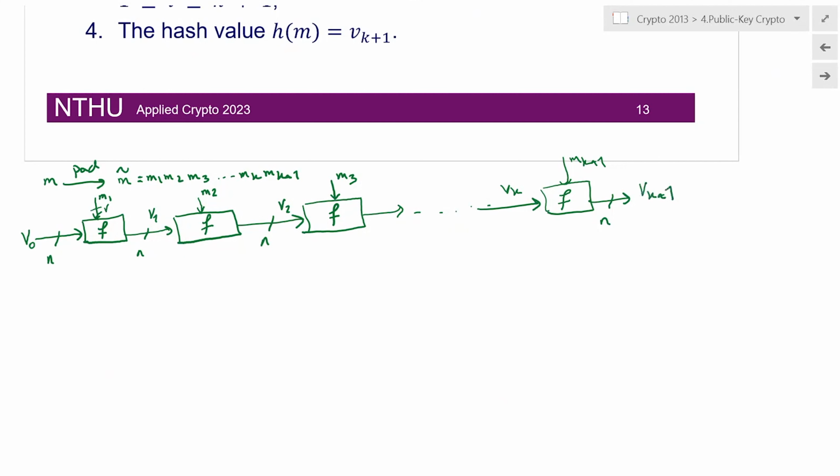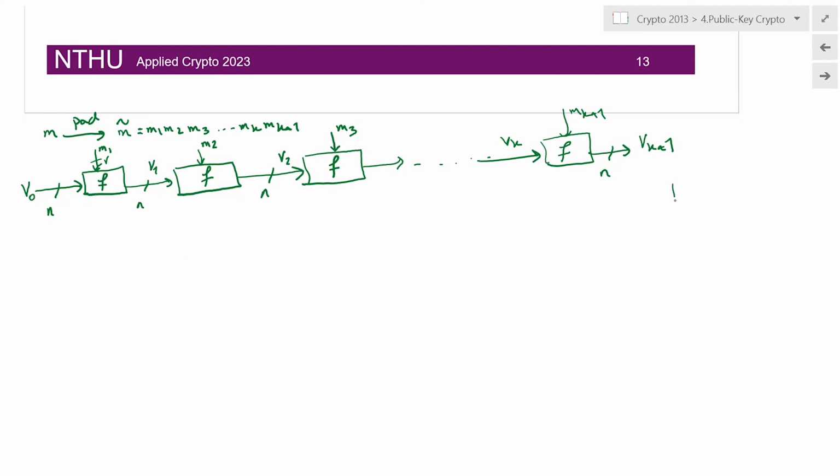That is the end. And then we define the hash of message m to be vk plus 1, the last output that we get over here. So let's see what happened.